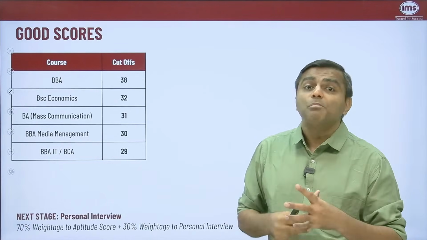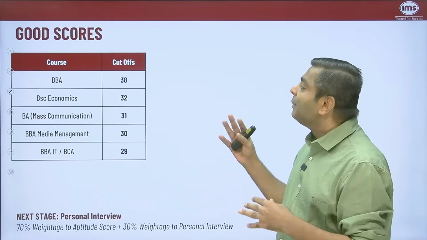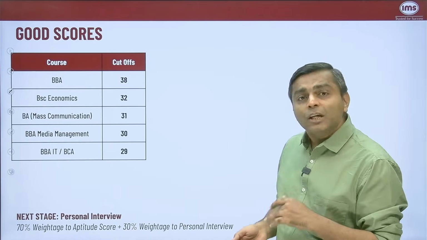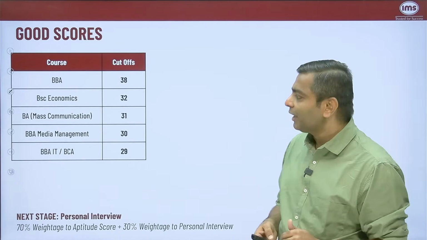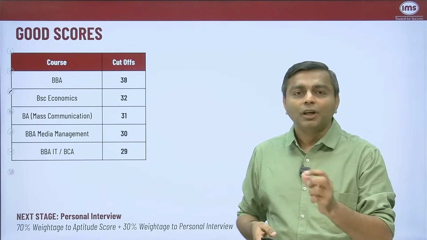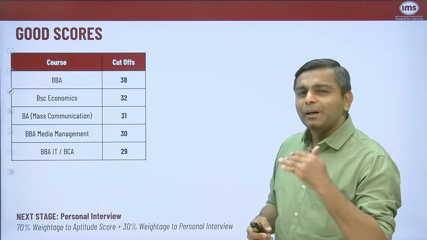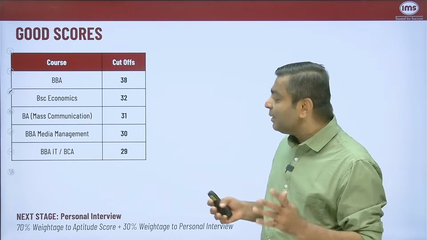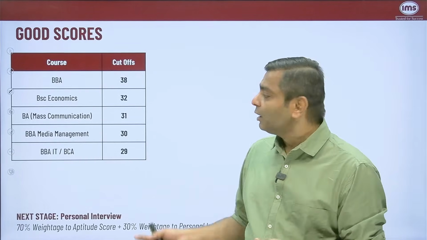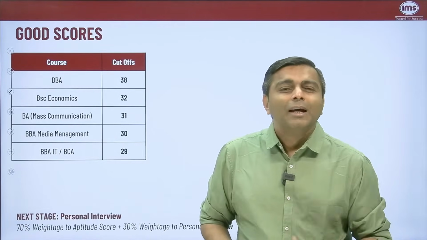This is for the Pune campus general category. BBA should be around 38 to 40, not much. BSc Eco 32 to 34, not really very, very high. For Mass Comm, again 31 to 34. Media Management 30 to 32. BBA IT 29 to again 32 should be the range for the cutoffs.